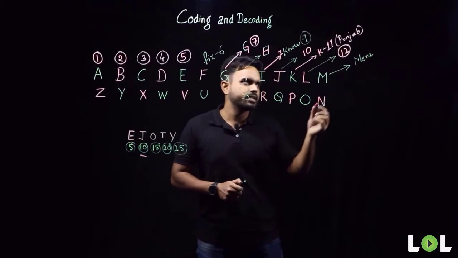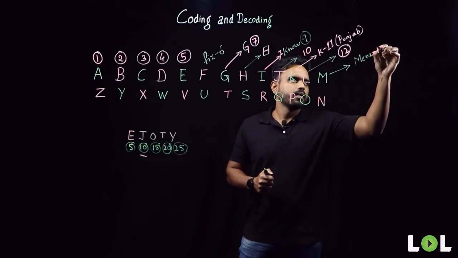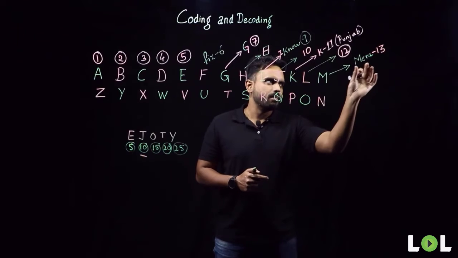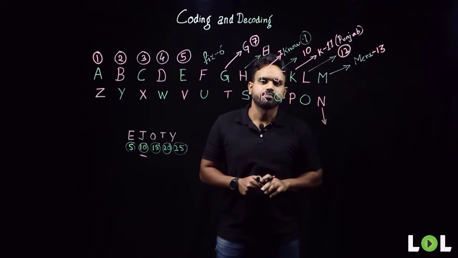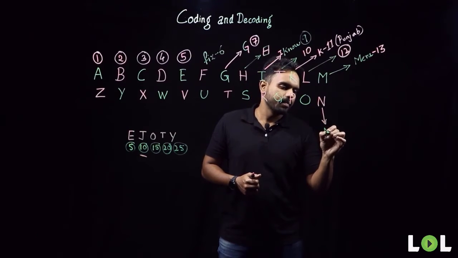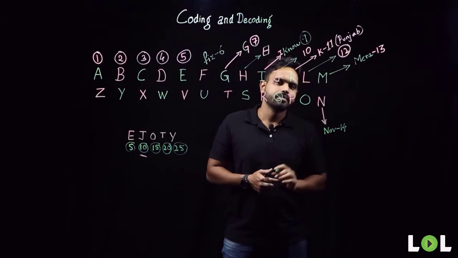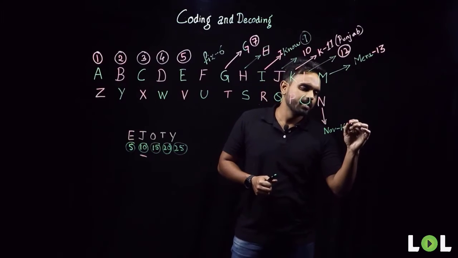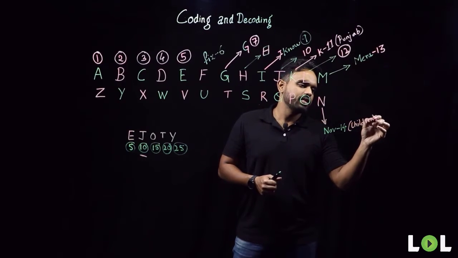And how do we represent 13 in Hindi? Tera. Mera, tera. The place value of M is 13. And N stands for November 14th, what day? So you're all children and it is Children's Day.